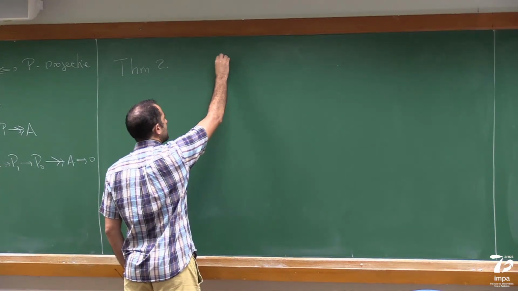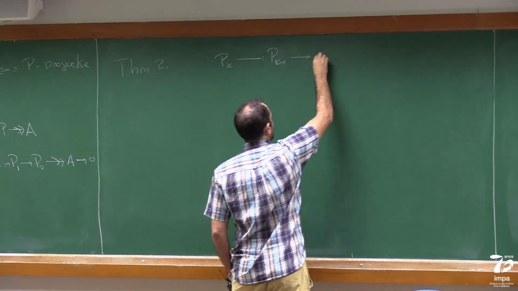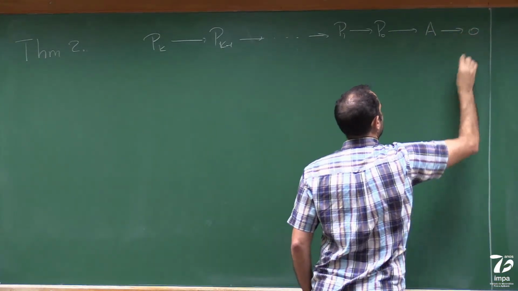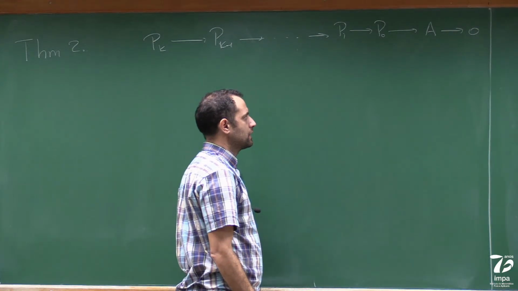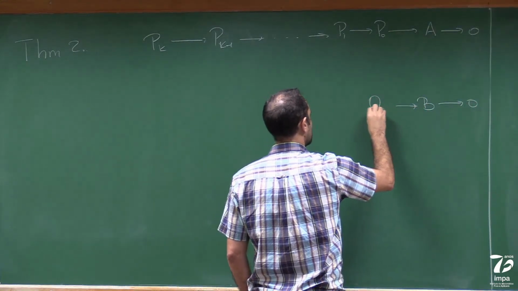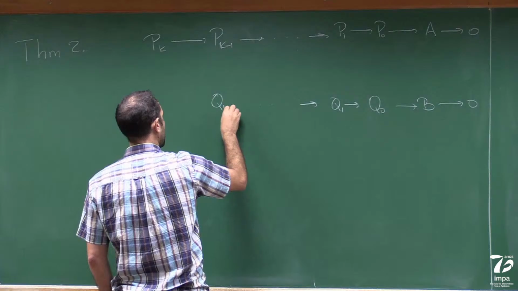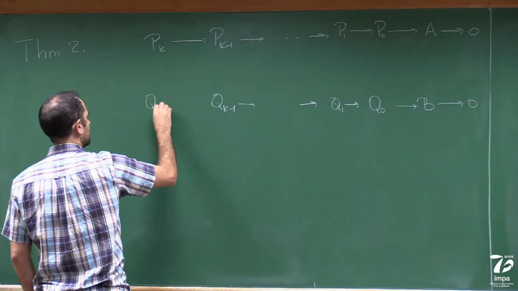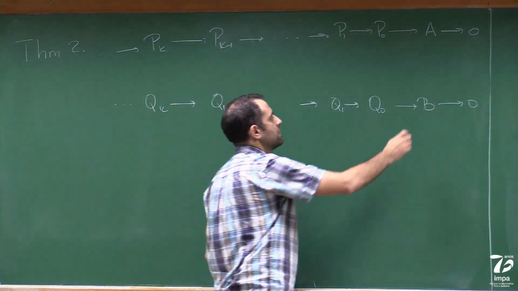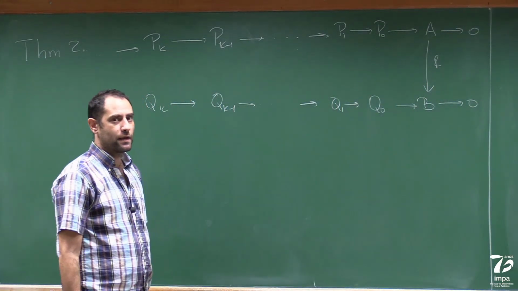If you take a projective resolution of something, Pk to Pk minus 1, to P1, P0, A, and you have any other object and a resolution of this object, and you have a morphism in your category F, then this is for any resolution.